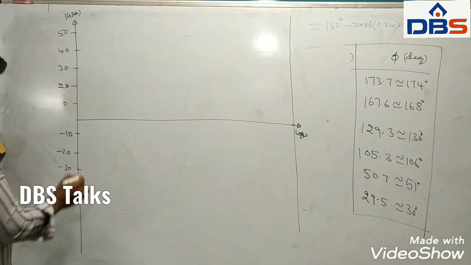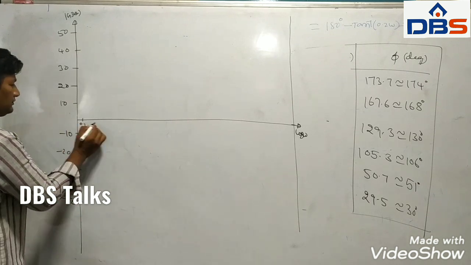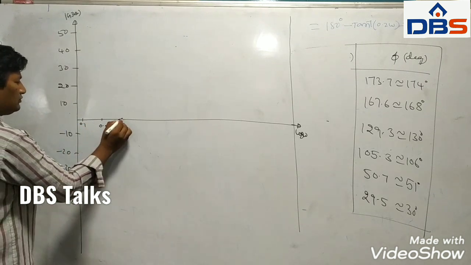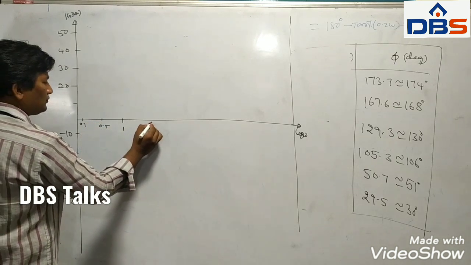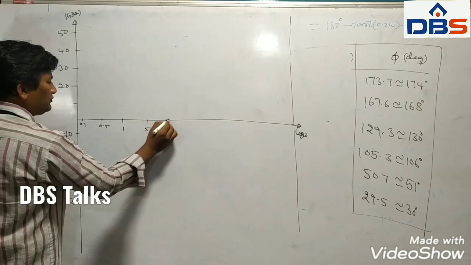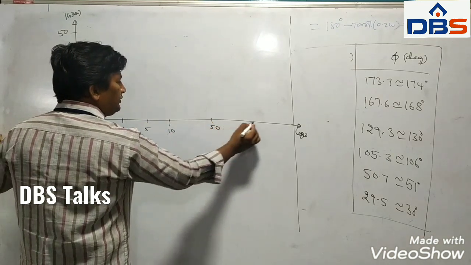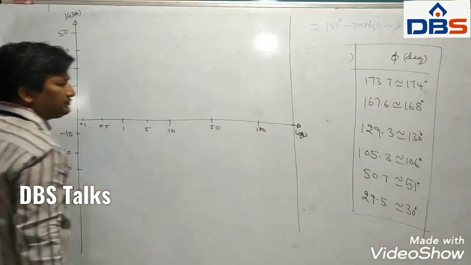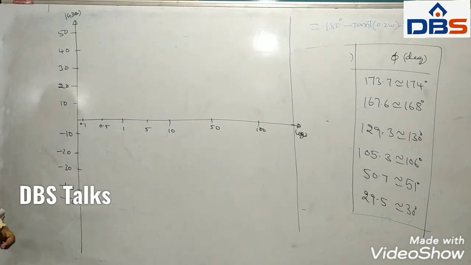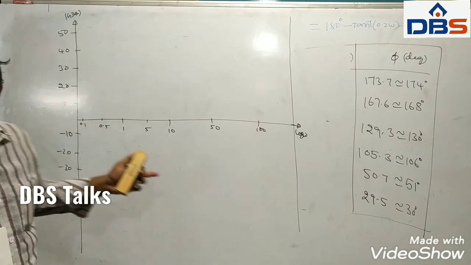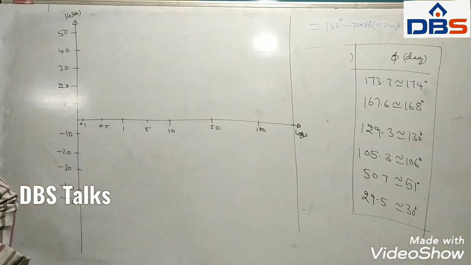So here also 0.1, 0.5, 1, 5, 10, 50, 100. Now first of all you have to draw the magnitude plot.